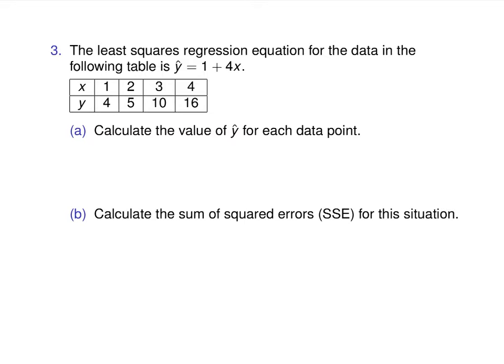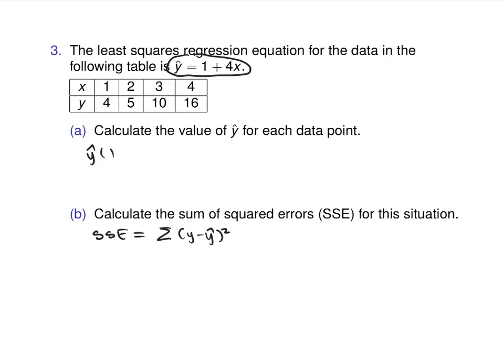All right. So I have this regression equation. We're going to find the sum of squared errors. SSE is the sum of the residuals squared. That's a criterion you use to find these regression lines in the first place and figure out which one is actually the best one. So first, find y hat for every single data point.